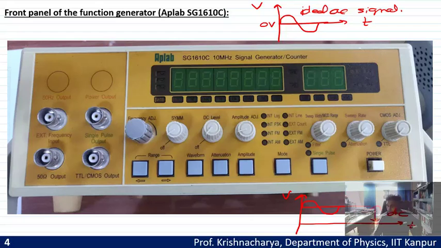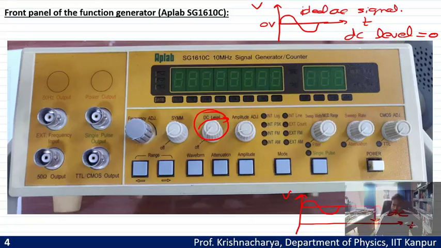This is called the DC level. Here the DC level is equal to 0, but in this case, the DC level is non-zero. So if you want to move your sine wave above the zero line or below the zero line, you need to add this DC level, and for that you will be using this button.